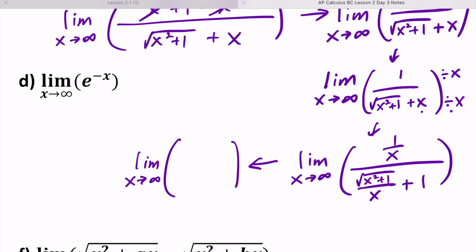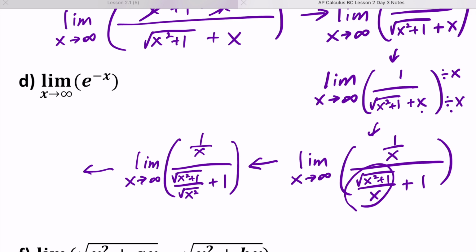And then you could rewrite that: 1 over x doesn't change. The square root of x squared plus 1 over x, I could rewrite that as the square root of x squared plus 1 divided by x, which is the same thing as the square root of x squared, as we know, and there's a reason why I'm rewriting x as the square root of x squared.